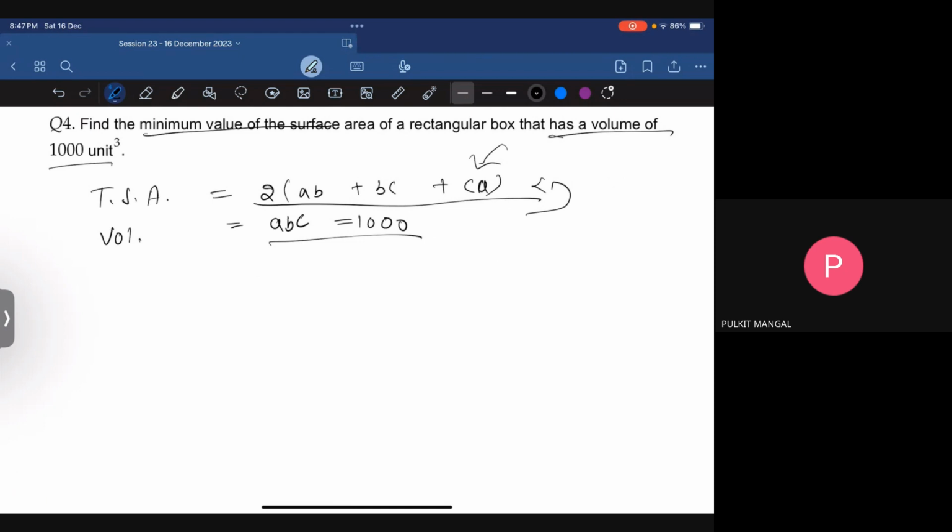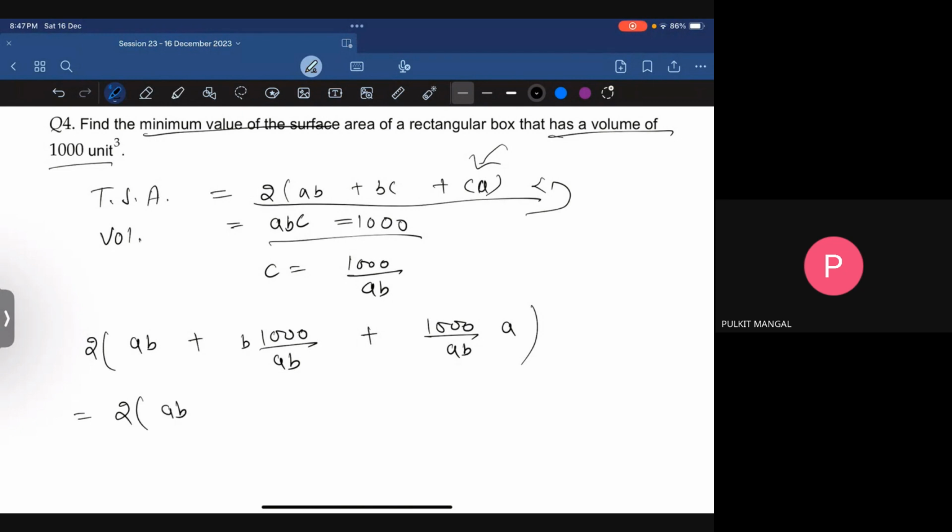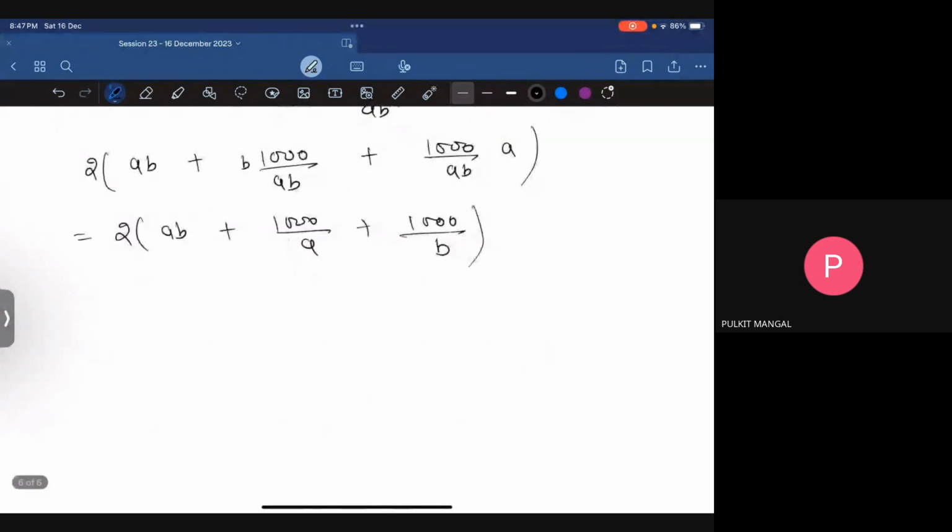So you can find c equal to 1000 by ab and put it in the above equation: 2 times ab plus 1000 by ab times a plus 1000 by ab times b, that is 2 times ab plus 1000 by b plus 1000 by a.